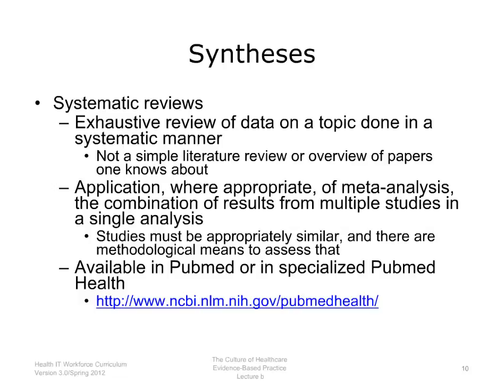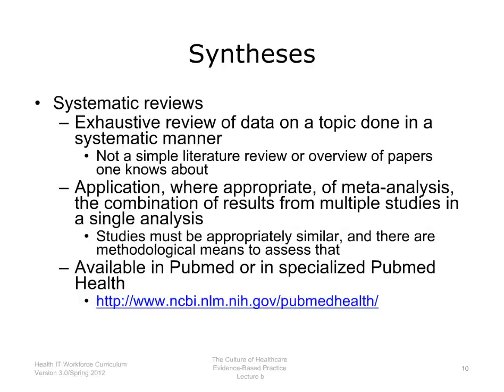These studies have to be appropriately similar. There are actually methodologic means to assess whether studies are similar enough. If there have been 15 different clinical trials looking at surgery or medical treatment for back pain or a specific type of cancer, we can combine those studies. Again, they have to be similar enough.